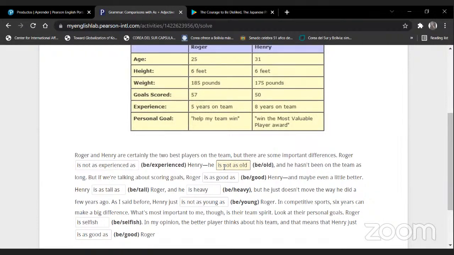Why? Because the other as is in the complement. So he is not as old because we have other characteristics, comma, and he hasn't been on the team. And here we have the other as long. So the second as is in the complement.